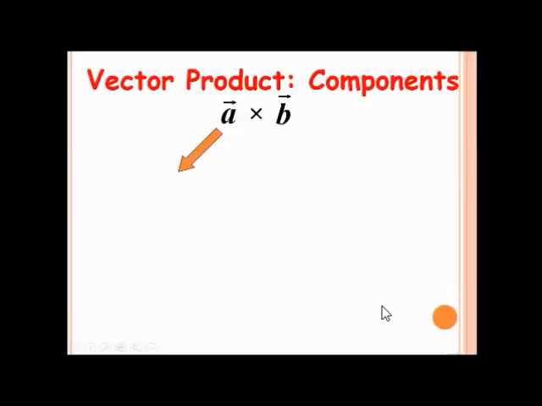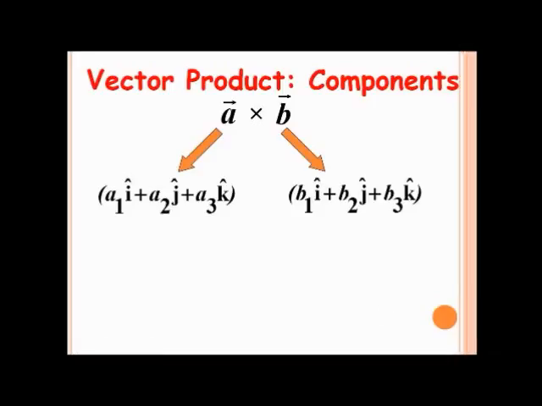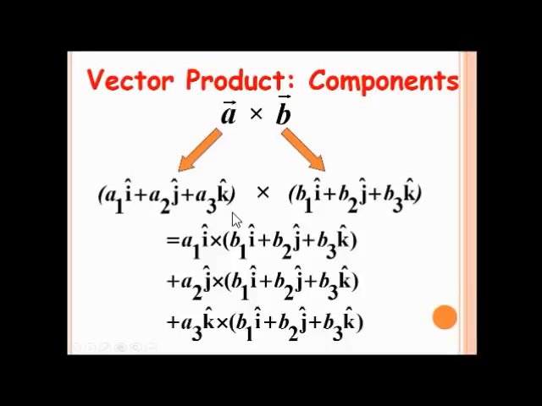Now we'll talk about some components regarding this vector product. Now we are having two vectors A and B. That vectors can be written as a1 I cap plus a2 j cap plus a3 k cap. B can be written as b1 I cap, b2 j cap and b3 k cap. So if you form the cross product, that will be in a matrix form.